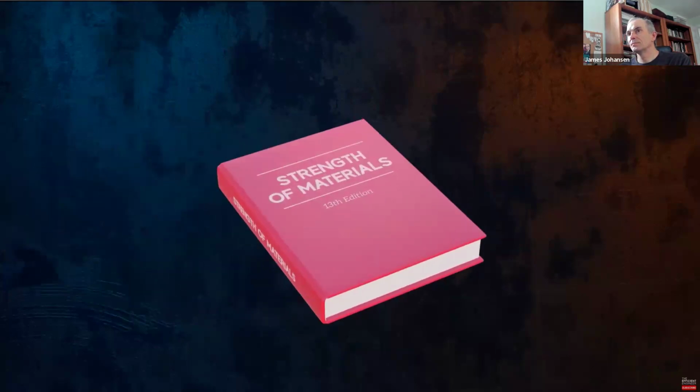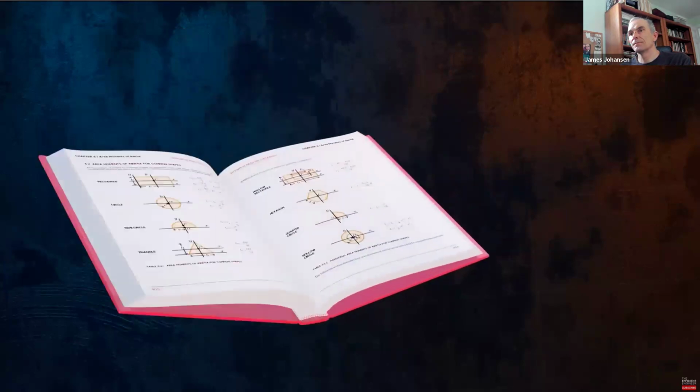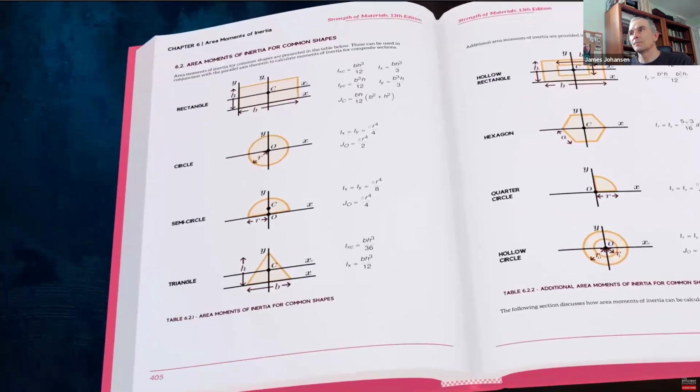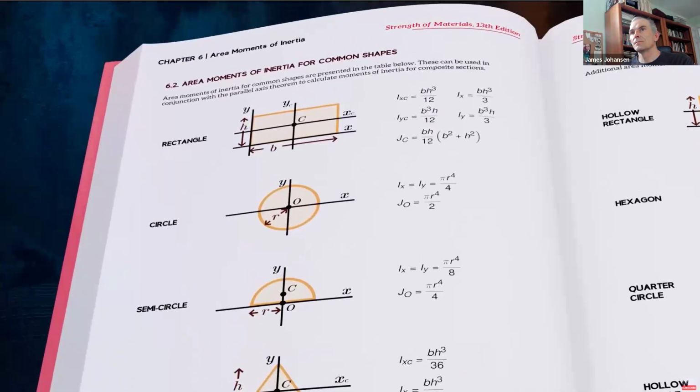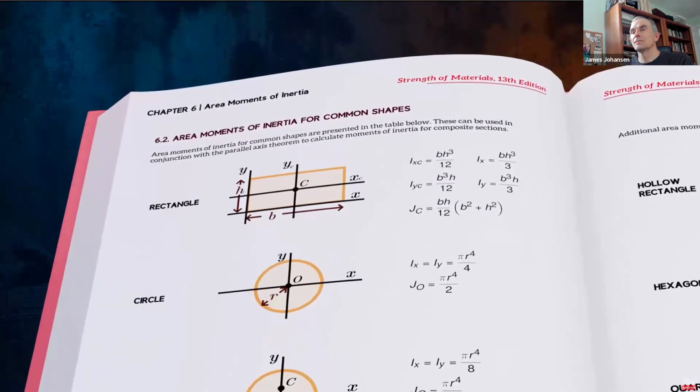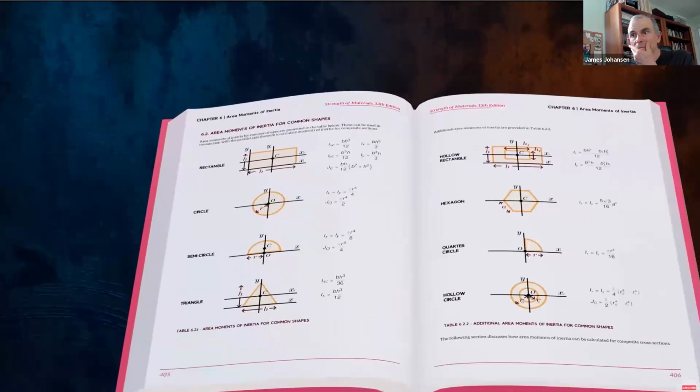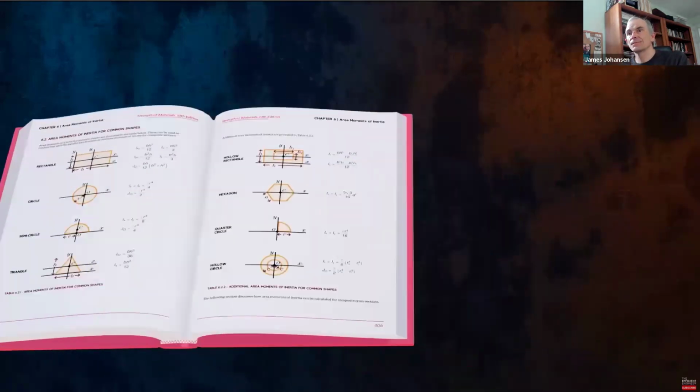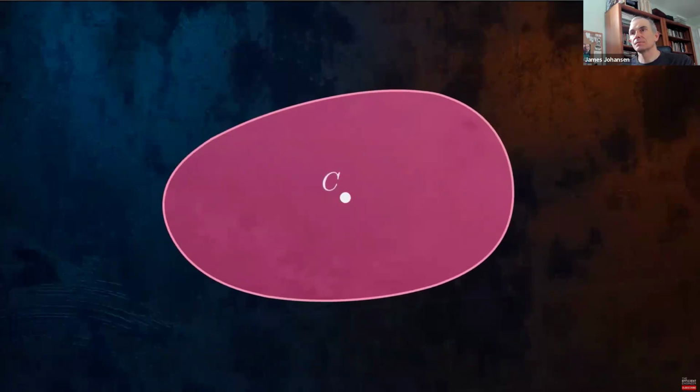So to help us out, area moment of inertia equations are often provided in reference text for a range of common shapes. A few examples are shown here. Usually the equations are provided for centroidal axes, which are axes that pass through the centroid of the cross-section. Remember that the centroid is the geometric center of a cross-section.